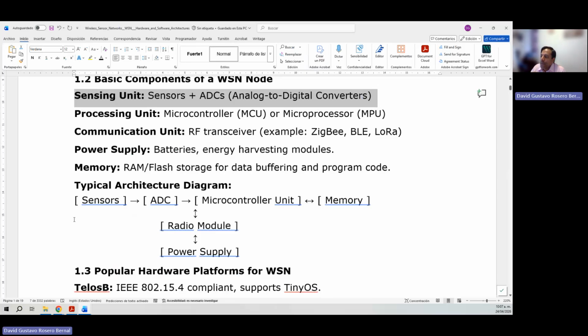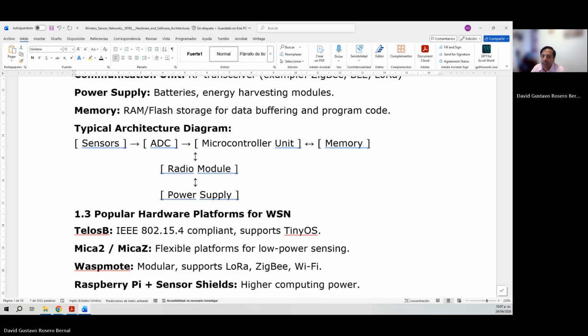Later, we need to include the memory unit, typically low-capacity RAM and flash storage for buffering sensed data and storing software programs. These components must be carefully optimized to maintain minimal size, weight, and energy consumption.